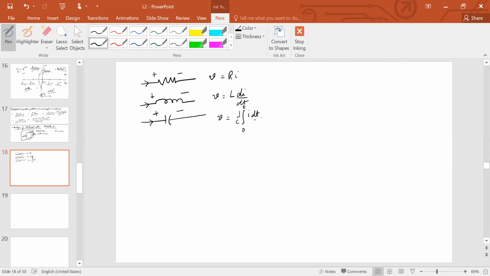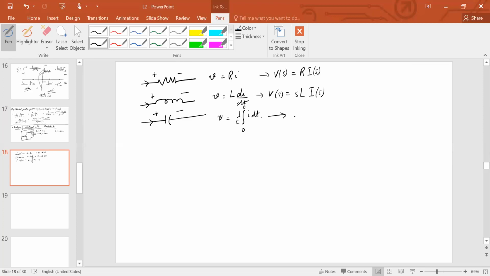As you might know already, if you've gone through the properties of Laplace transforms, the other ones are trivial. In the Laplace domain, V(s) = sL I(s), and this one will yield V(s) = R I(s), the static element.